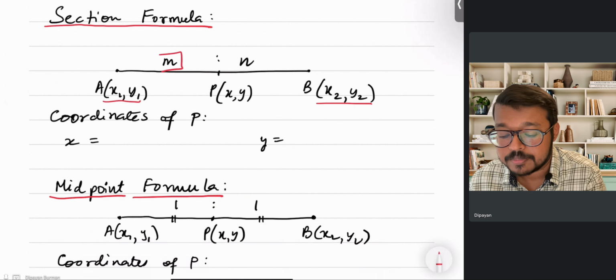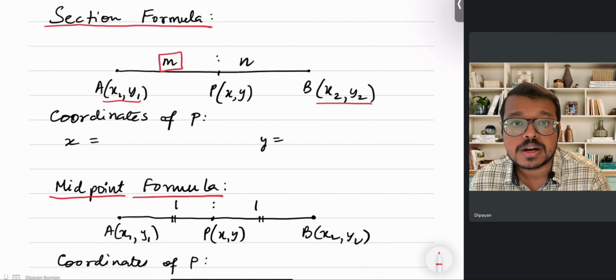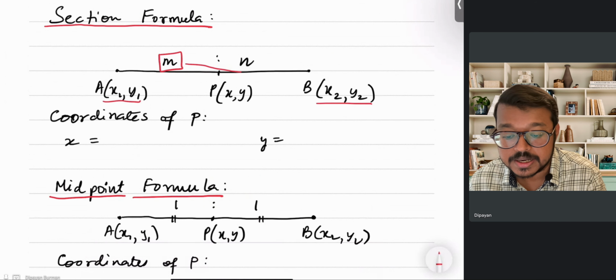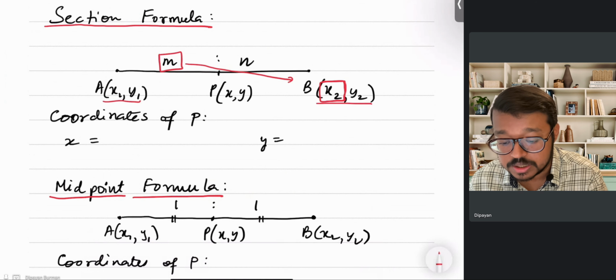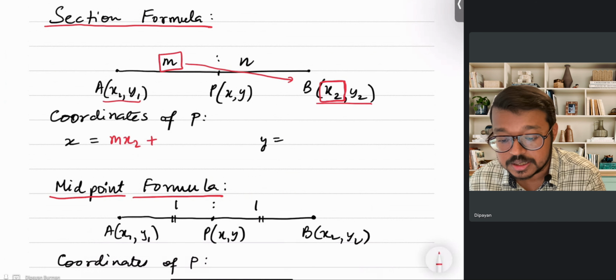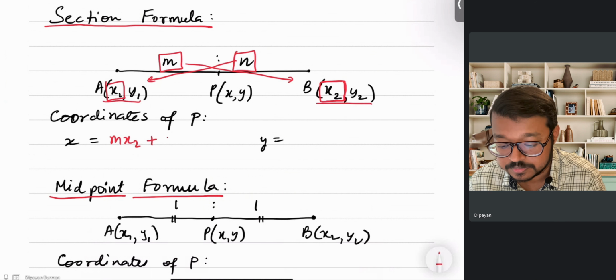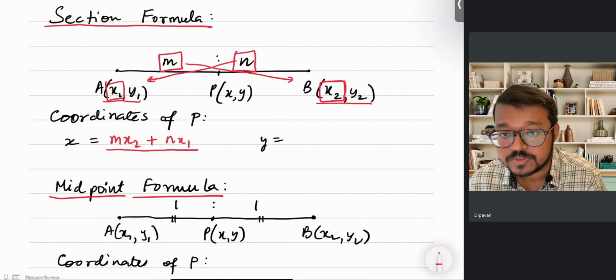We take m, the first part of the ratio, multiplied by the x coordinate of the other point, that is x2. So the x coordinate of point P will be m x2 plus n multiplied by x1, whole divided by the sum of the parts of the ratio, m plus n.